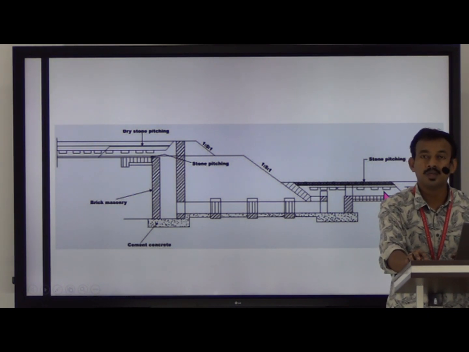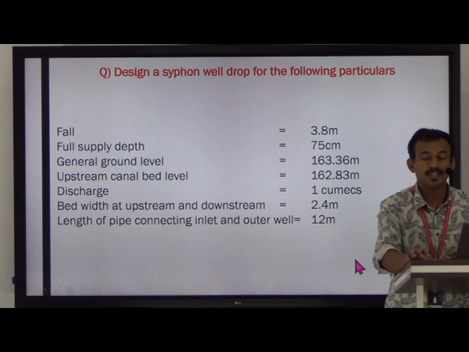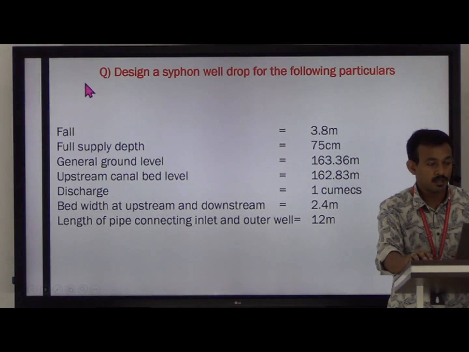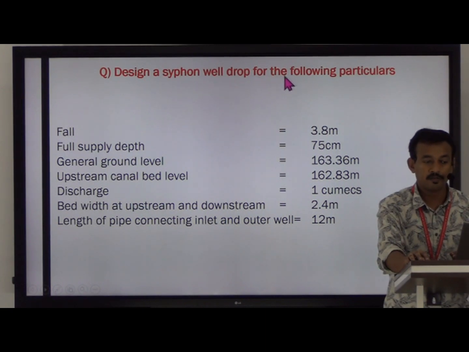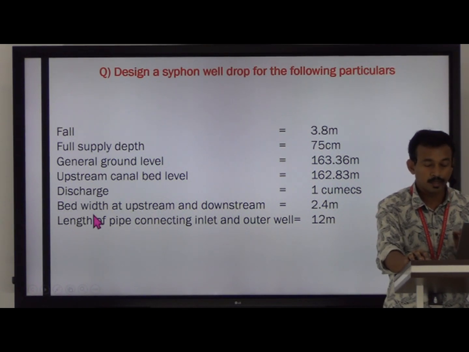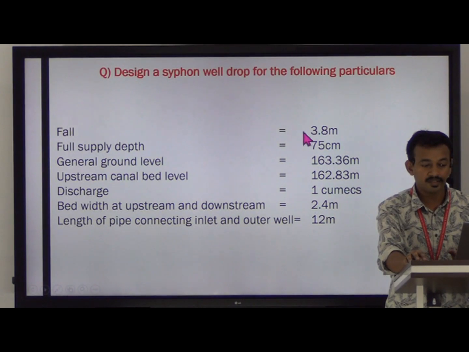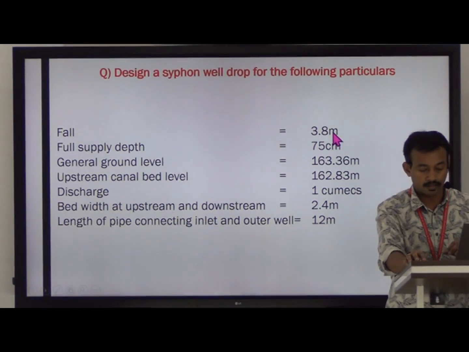Now we are going to discuss how a siphon well drop can be designed using specific parameters. You can read the question: design a siphon well drop for the following particulars. These are the details given to you. Coming to the details of the question, first is the fall. Fall is also called the canal drop and the fall is 3.8 meter.